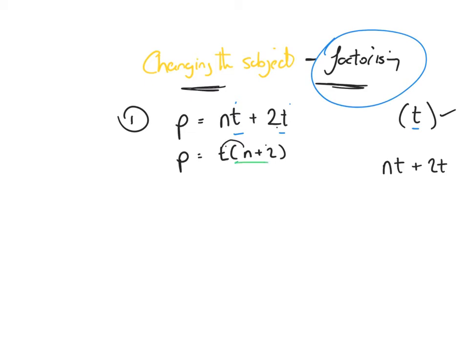The bracket n plus 2 just means that you're multiplying by n plus 2. We're looking to isolate t, so we bring that multiply by n plus 2 down and divide. So it's p over n plus 2 is equal to t, final answer.